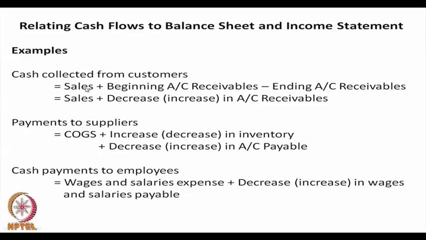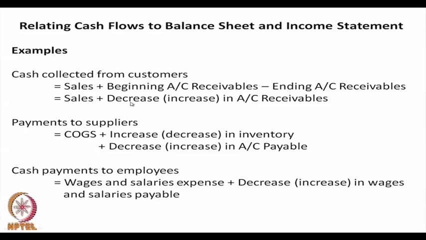Its value will be sales that have taken place plus beginning accounts receivables, whatever amount was due to be received from the customers, minus the ending accounts receivables. This is the same as sales plus the decrease or increase in accounts receivables. So, these would be equal to cash collected from customers.